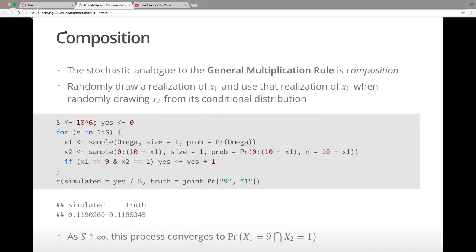Yes? Simulation reminds me of probability consistence. Does Bayesian, is it kind of build on this notion of simulation in long-term trials? A little bit. I would say this process of doing simulations is neither frequentist nor Bayesian. It's a property of probability. And these properties of probability we're learning about, like the general multiplication rule, these are just mathematical things that you can prove.